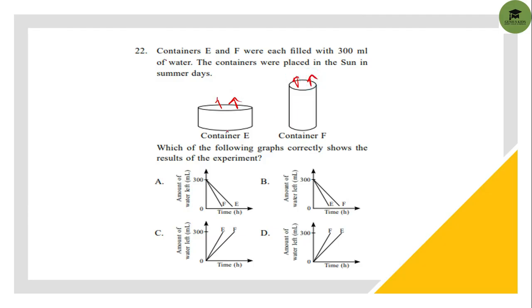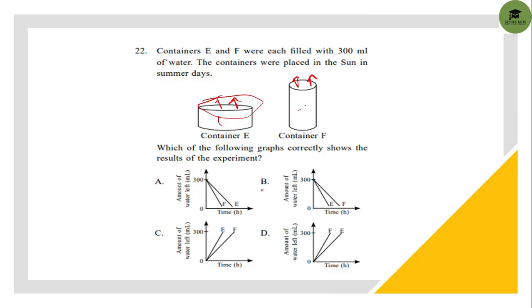But the evaporation rate is not the same for container E and container F. Why? Because we know the larger the surface area, the faster the evaporation rate. So if we put 300 milliliters of water in both containers, as the surface area of container E is higher than container F, the evaporation rate is higher. So in less time, more water will evaporate from container E.